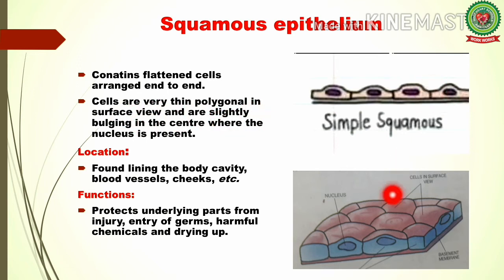Here you can see cells are polygonal in surface view and are slightly bulging in the center where the nucleus is present. If we talk about its location, it is found lining the body cavity, blood vessels, cheeks, etc. Functions of squamous epithelium: it protects underlying parts from injury, entry of germs, harmful chemicals and drying up.